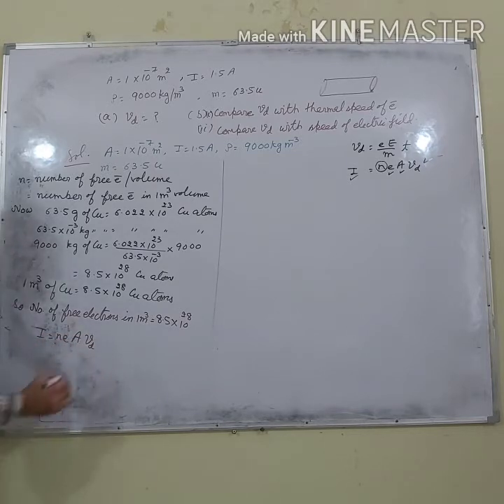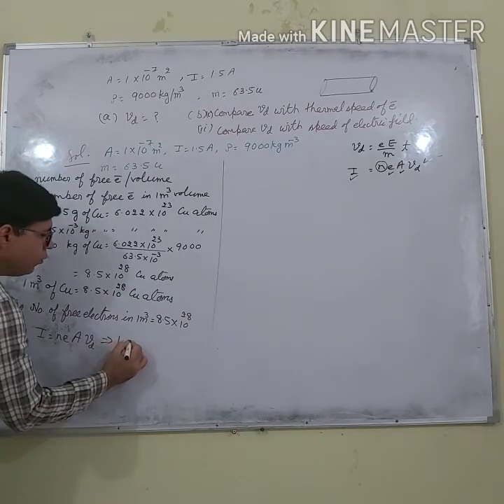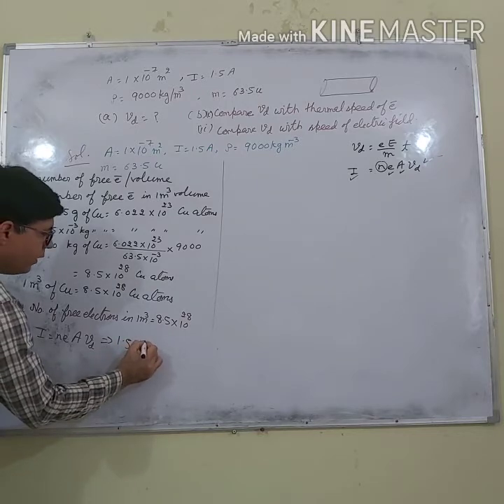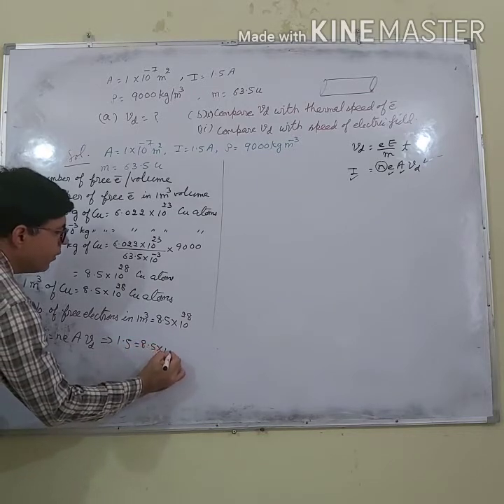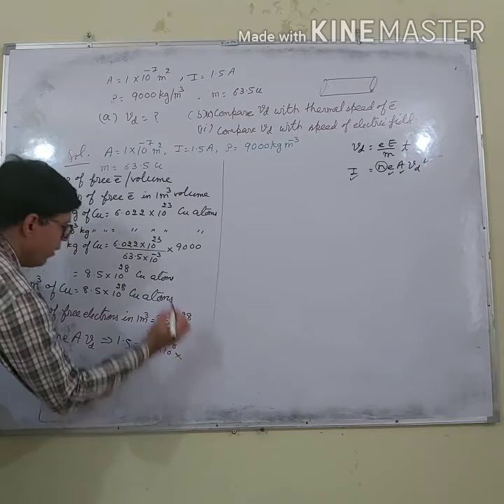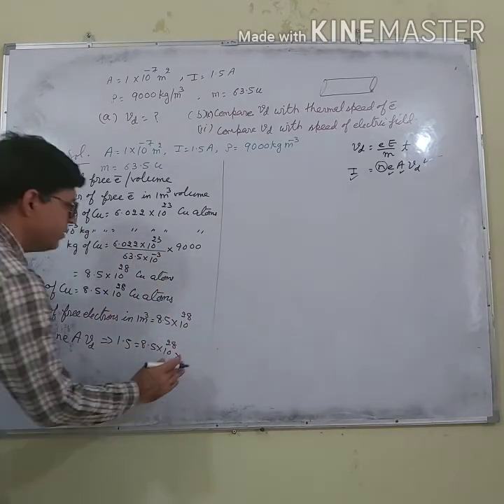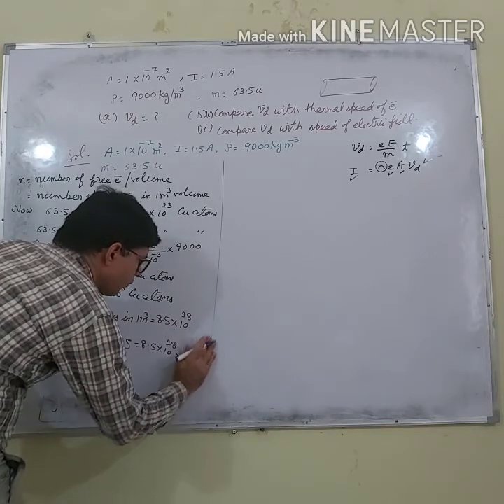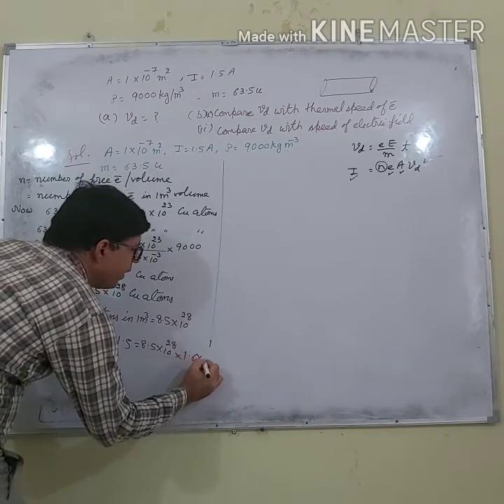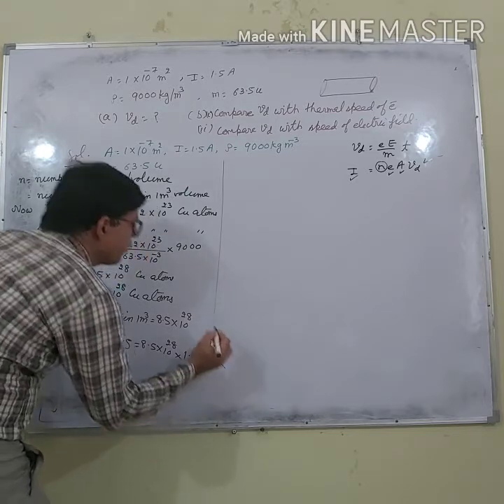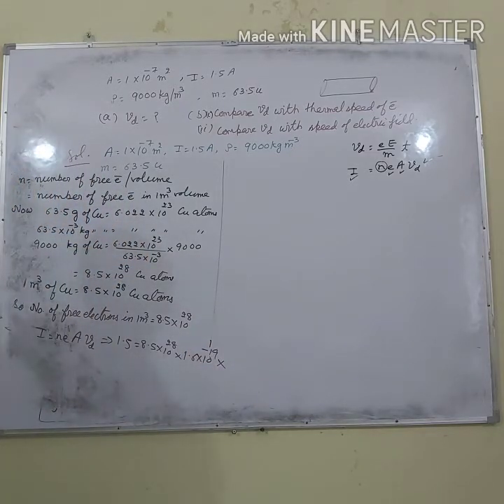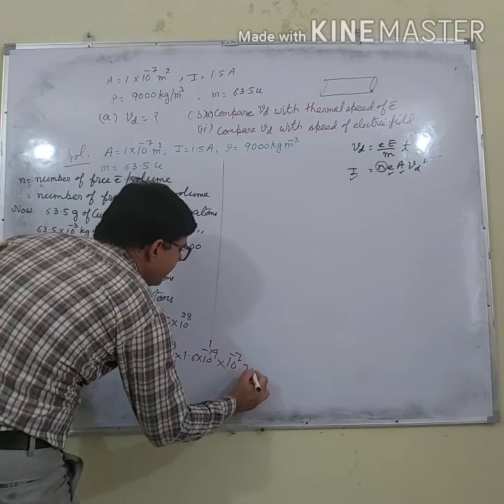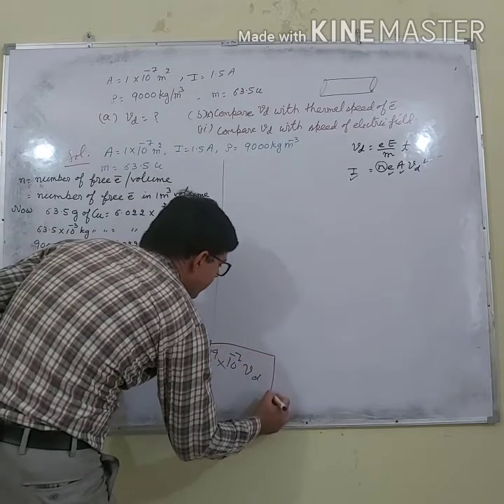Current is given to be 1.5 ampere, and I have just calculated 8.5 10 to the power 28, multiplied by charge on the electron, 1.6 10 to the power minus 19, and area is 10 to the power minus 7, and I have to calculate the drift velocity.